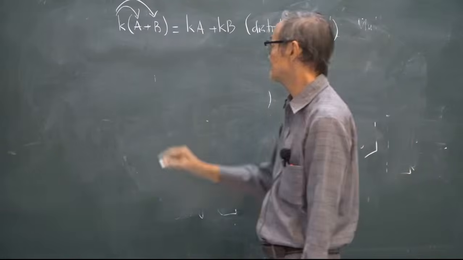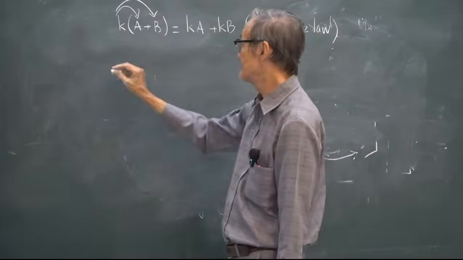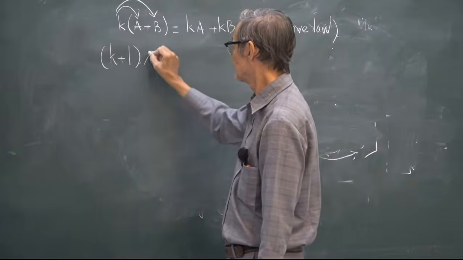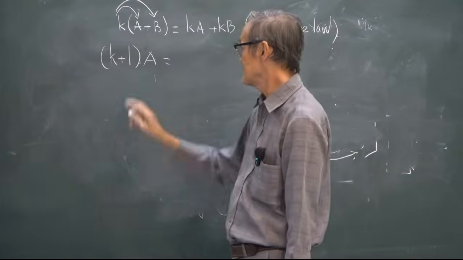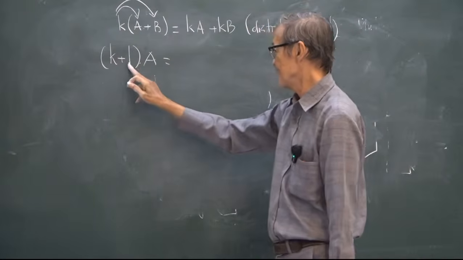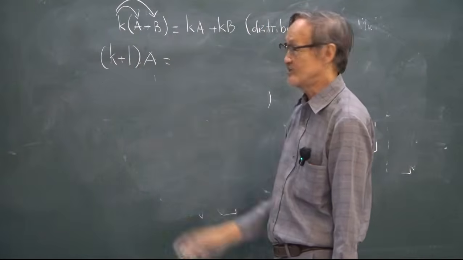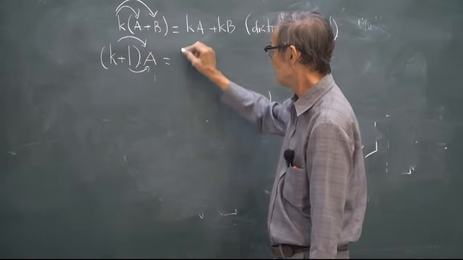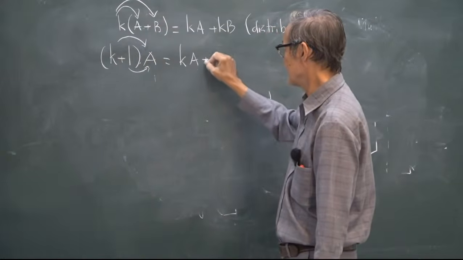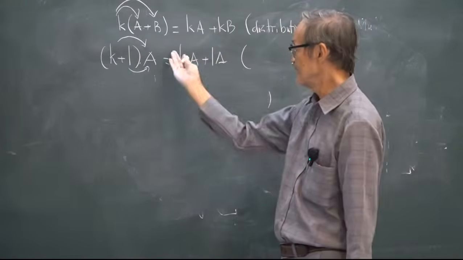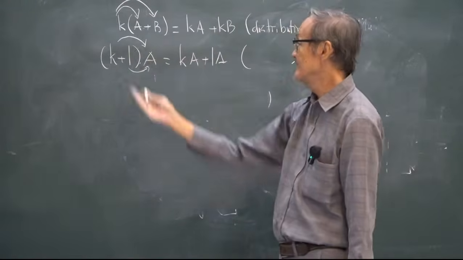Okay. From the left, K plus L times capital A is KA plus LA, distributed from the right, from the left.